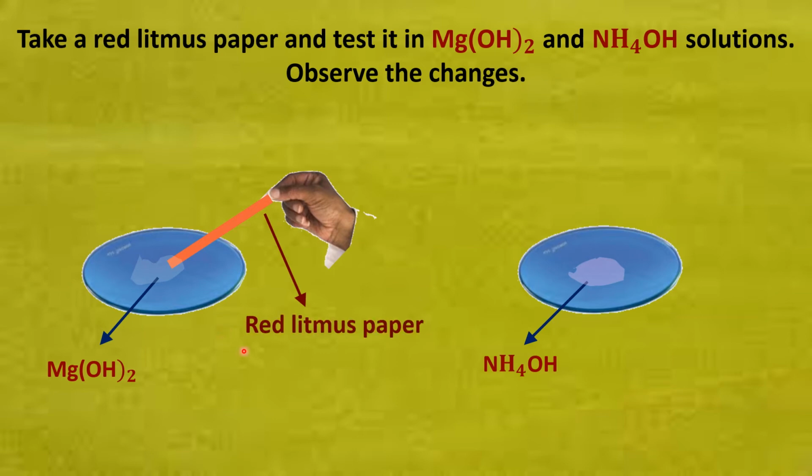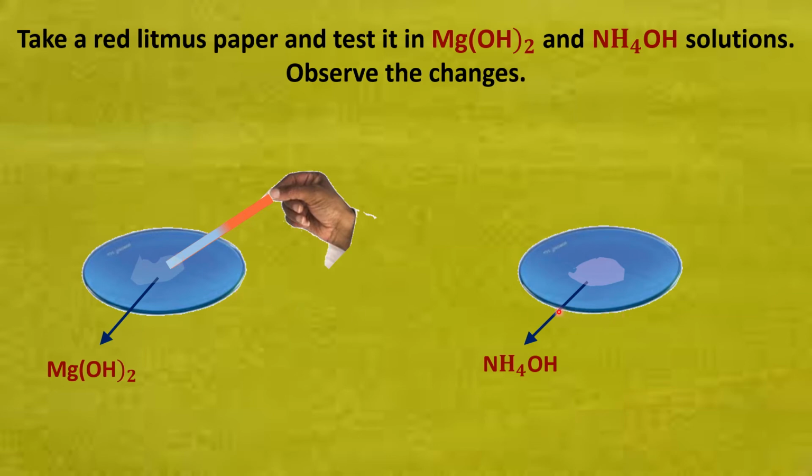See if you find any change or not. See, you are observing that the litmus paper is changing to blue color. Already we have seen for sodium hydroxide and potassium hydroxide solutions, the red litmus changed to blue. Here for magnesium hydroxide also, the red litmus paper has changed to blue color.